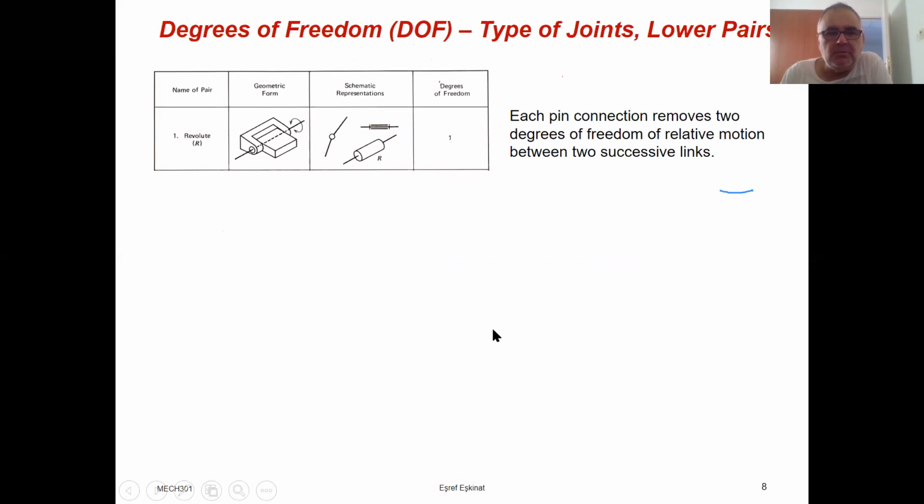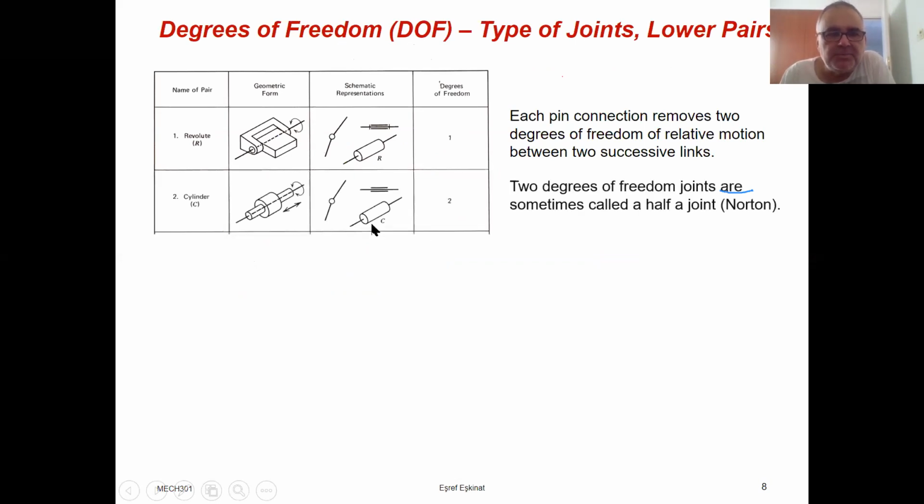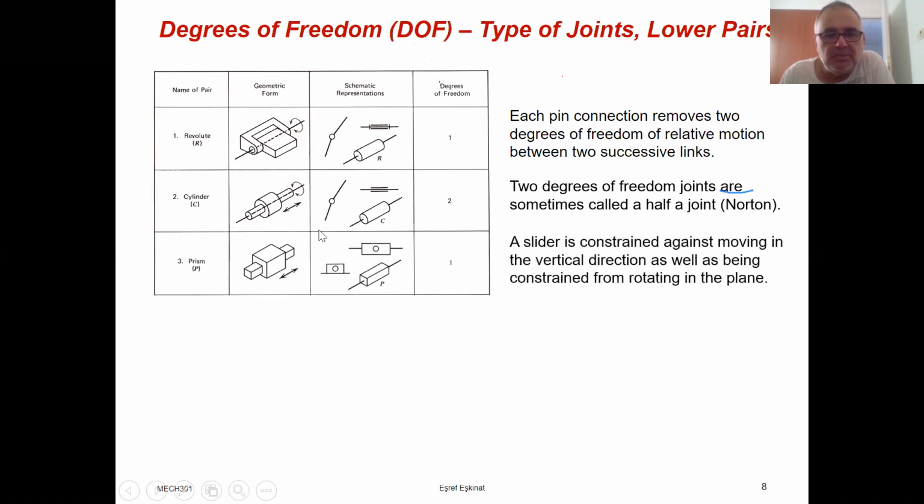The lower joints are revolute and prismatic, the more common ones. And there is the cylindrical joint, which is a 2 degree of freedom joint. In the cylindrical joint, there is 1 degree of freedom in this direction, moving back and forth, and also the rotational degree of freedom. But the ones that are very common are the R and P joints.